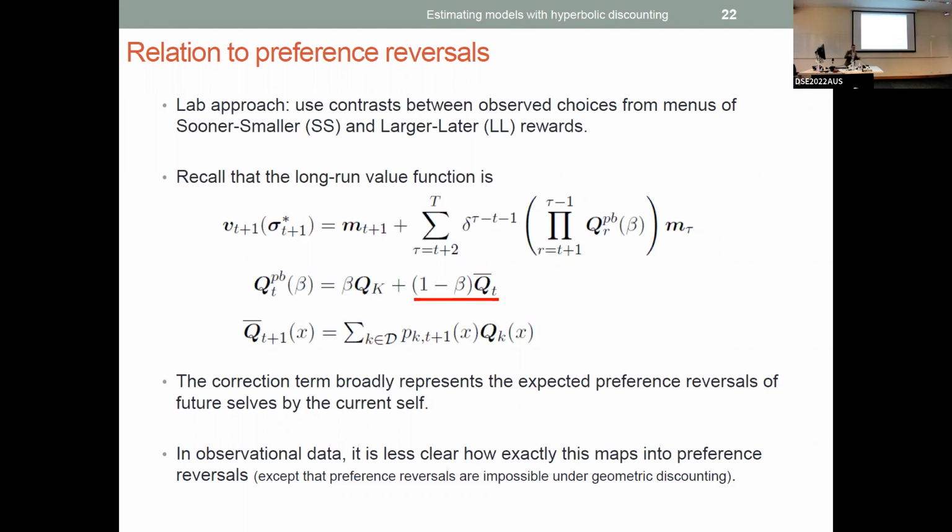But if we just have observational data, if we don't have elicited belief data, then it is not immediately obvious how this term will map into patterns of preference reversals, except that we know that in geometric discounting models, preference reversals are impossible.